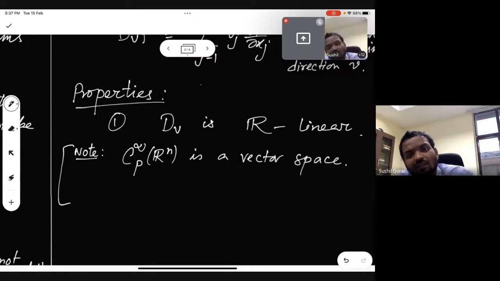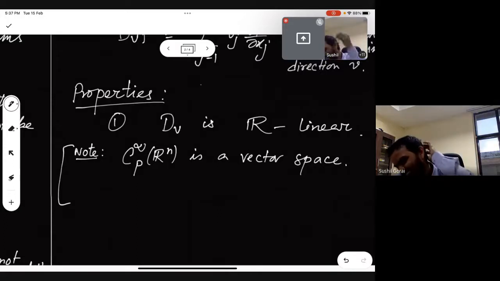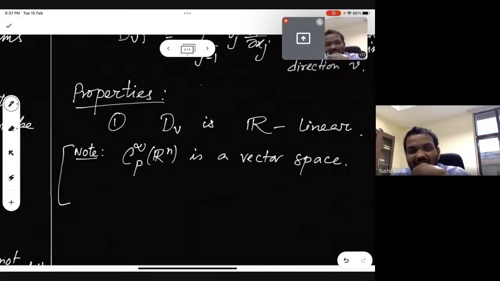Does it have a multiplication structure also? Is it a ring also?